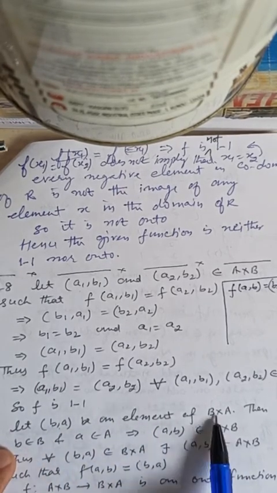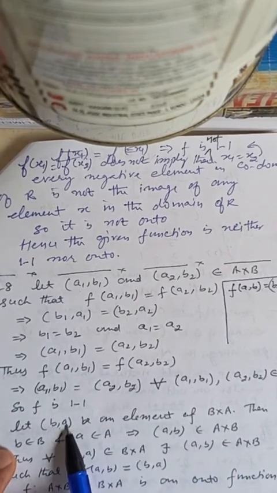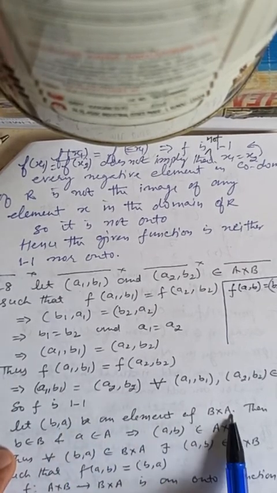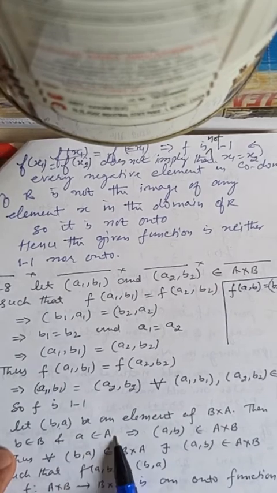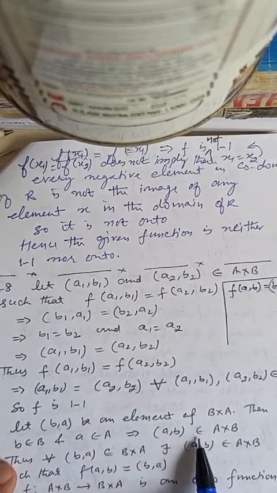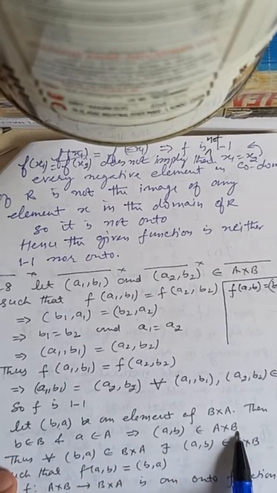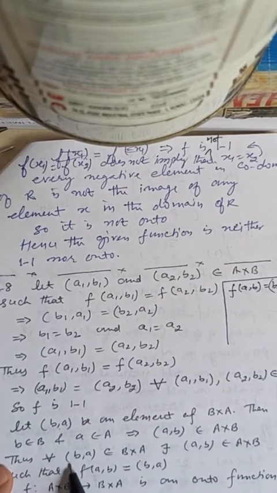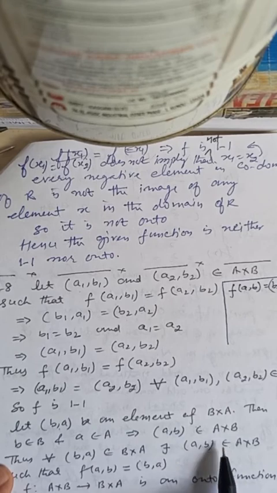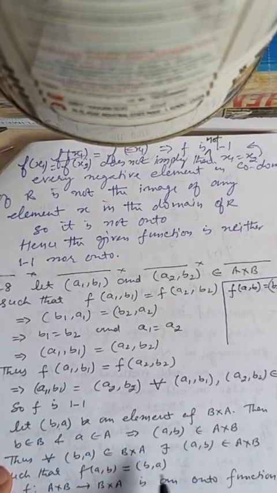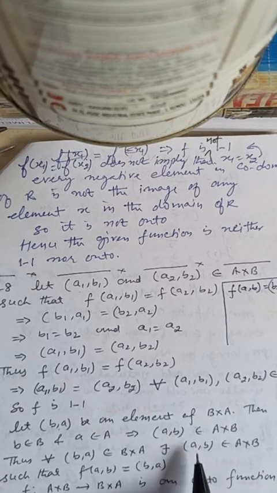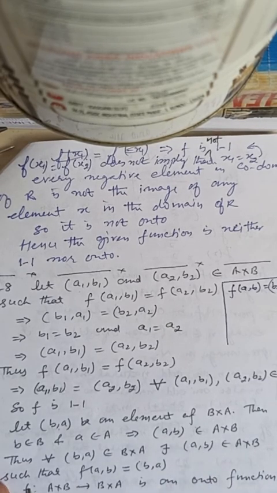So b belongs to B, and this small a belongs to set A. So a belongs to A. This implies (a, b) belongs to A cross B. Thus, for all (b, a) belonging to the codomain, there exists (a, b) belonging to the domain. It means for every element of the codomain we have a pre-image. This is the pre-image. Thus f(a, b) = (b, a). Therefore, the function is an onto function.